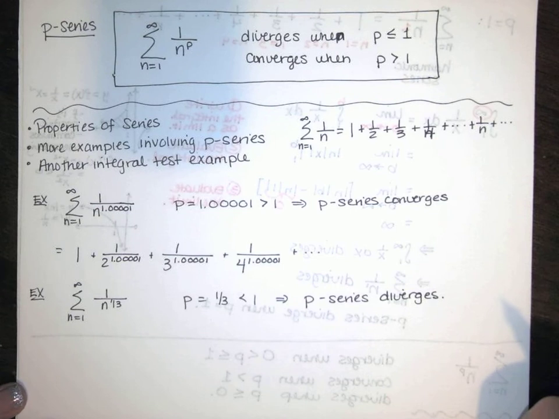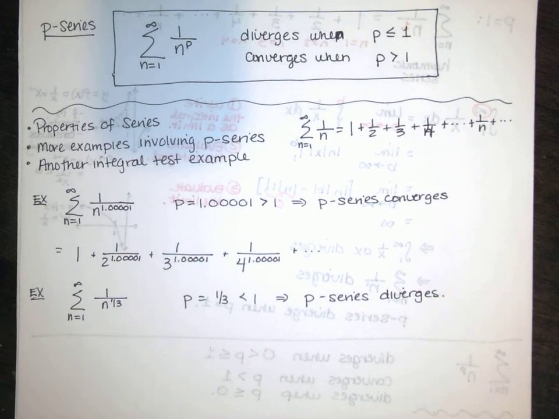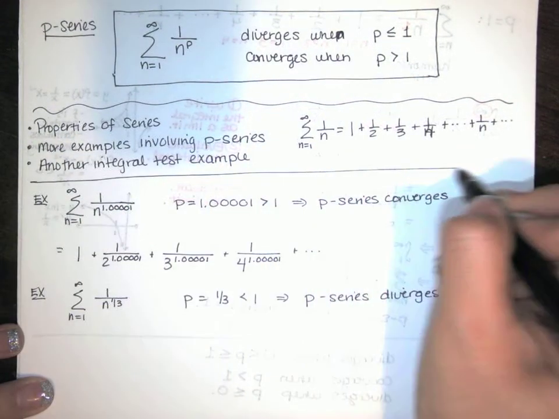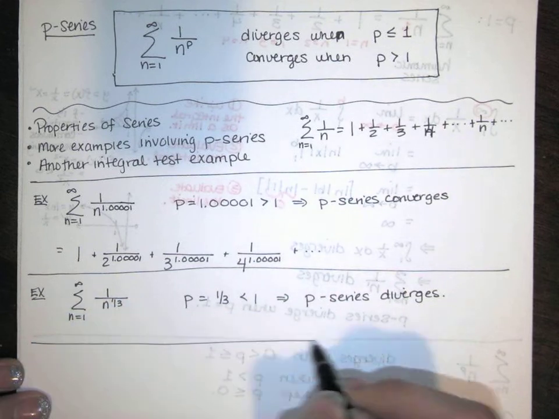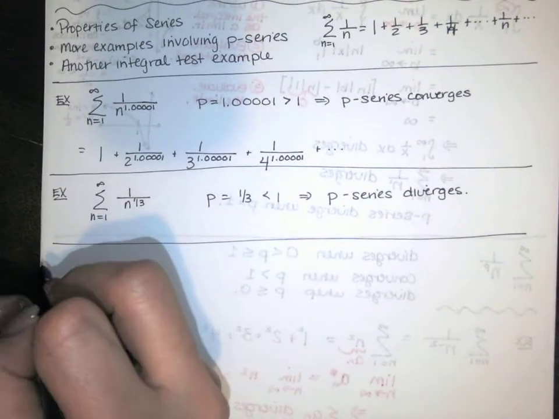Okay, so now let's look at some properties of series that will allow us to extend what we know about p-series to other series. We also need some exponent properties in this section to extend what we know about p-series to other series. So here are the properties.